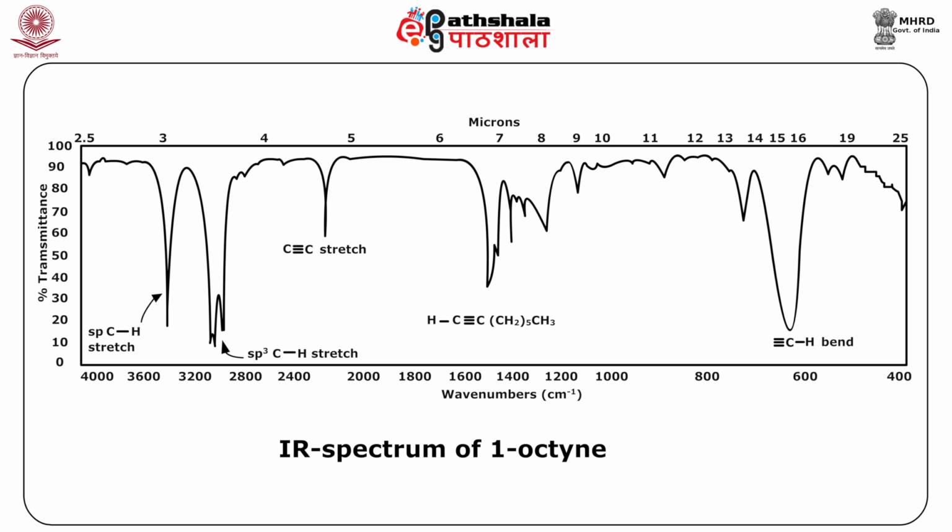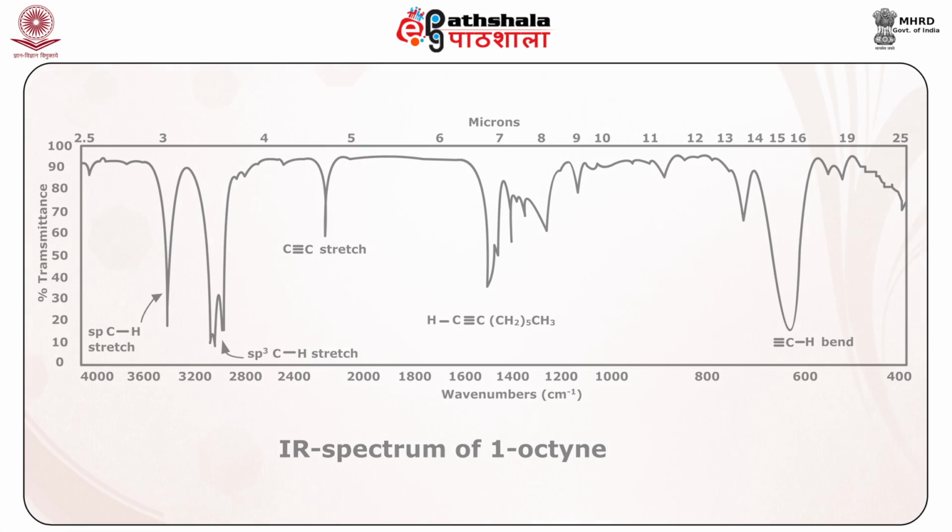Therefore, the frequency of the absorption of CH bond is a function of the type of hybridization of the carbon to which the hydrogen atom is attached. While moving from sp3 to sp2 and then sp hybridized carbons, the s character increases and so does the bond strength.